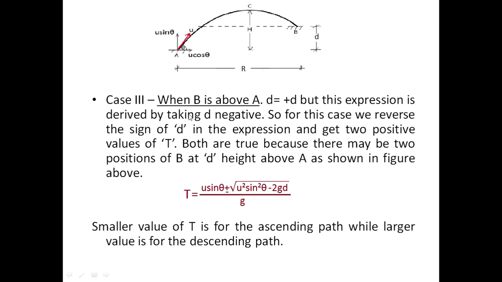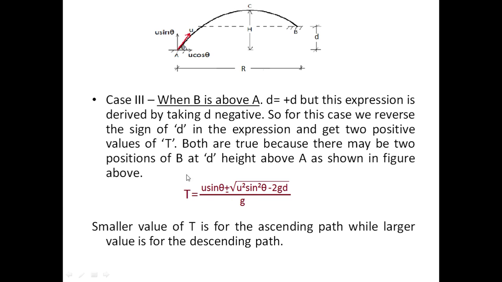Case 3. When B is above A, here d is positive because it is upward displacement. Since we have derived this expression for taking d negative, in this case we reverse the sign of d in the expression and get two positive values of t.